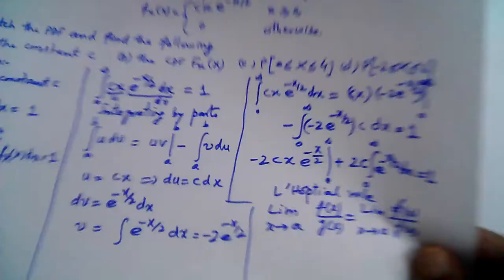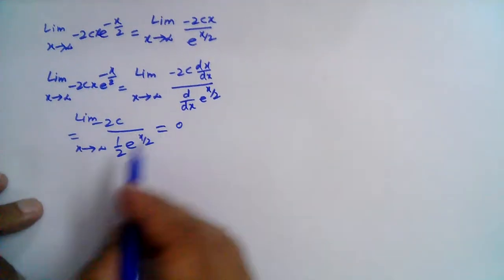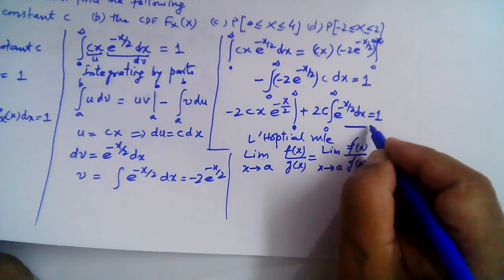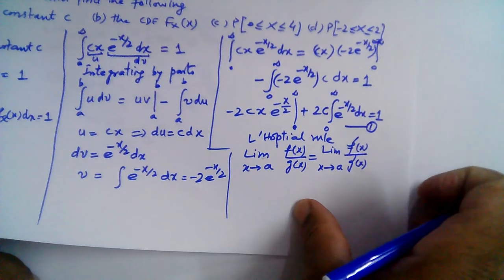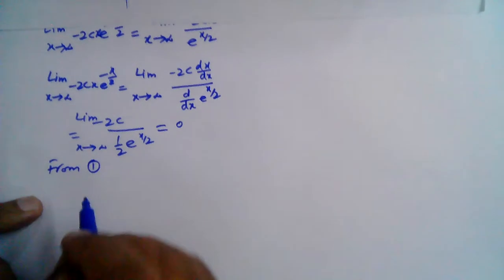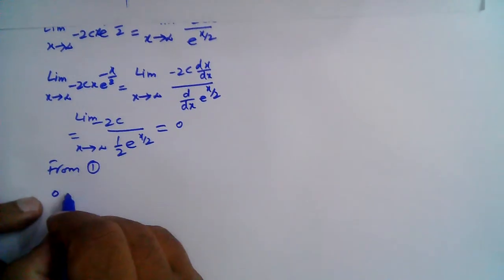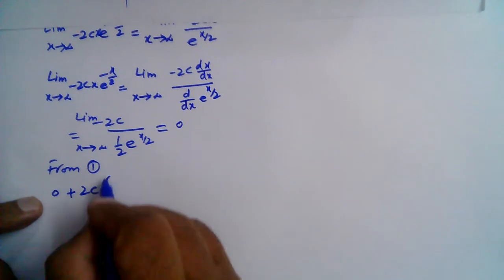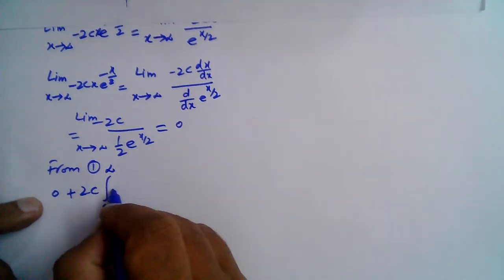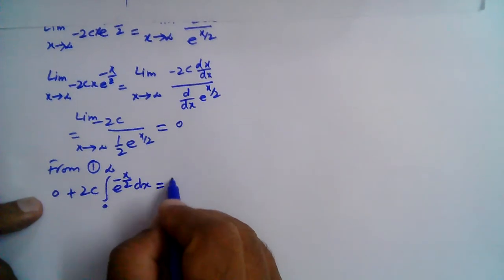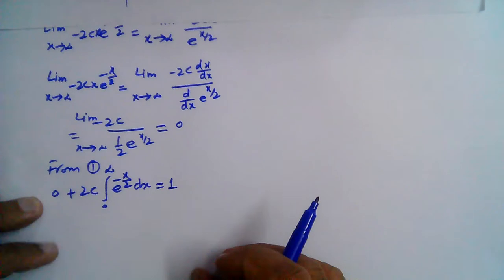So we can substitute. Let's write it as equation 1. And from 1, we can substitute this term to be 0 plus 2c times the integral from 0 to infinity of e to the power minus x over 2 dx, which is equal to 1, right?